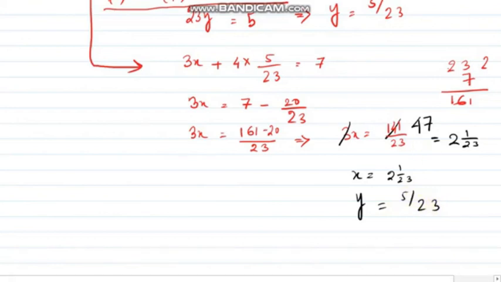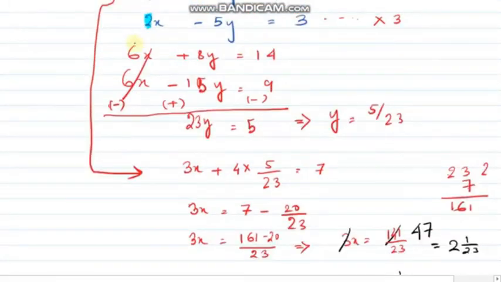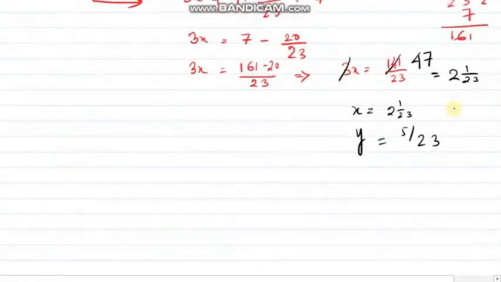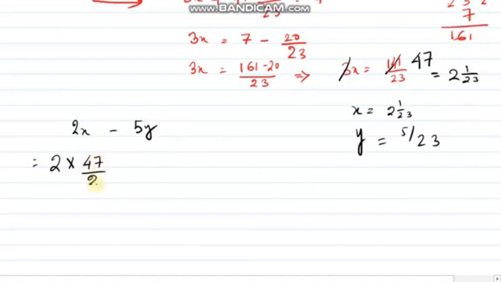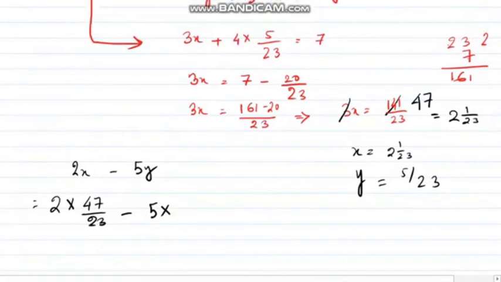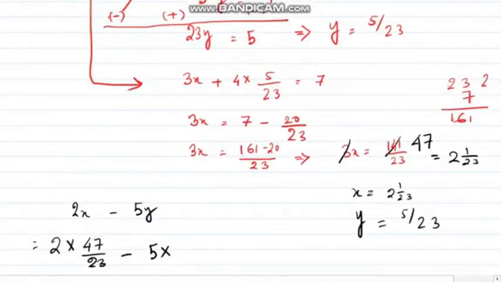I chose the first equation to put the value, right? So I will choose the second equation to check my answer. The second equation is 2x - 5y. What is 2x - 5y? 2 into 47/23 minus 5 into y. Y was 5/23, right?